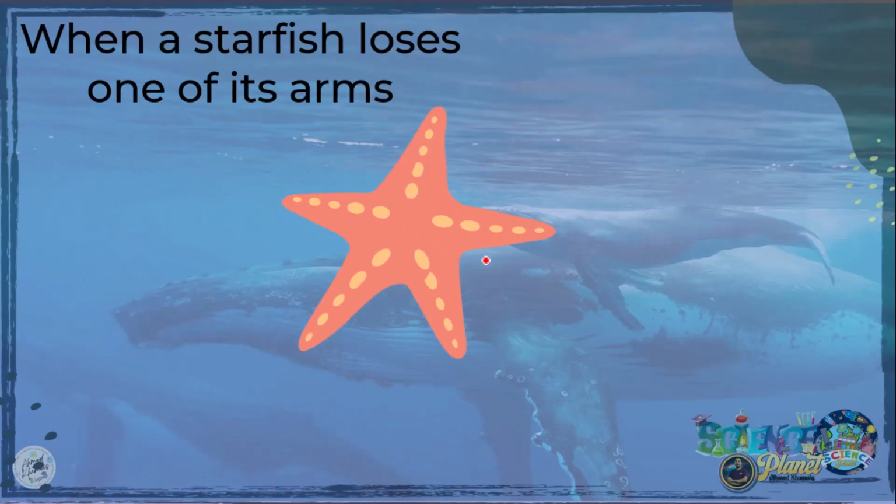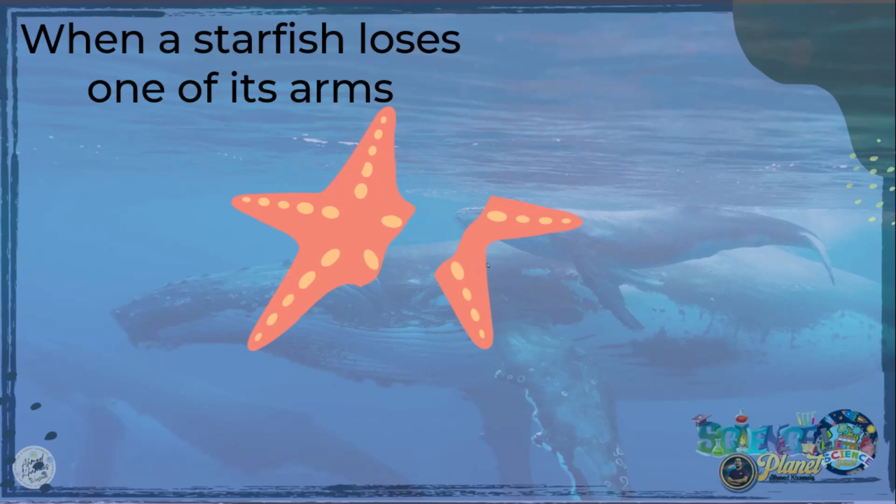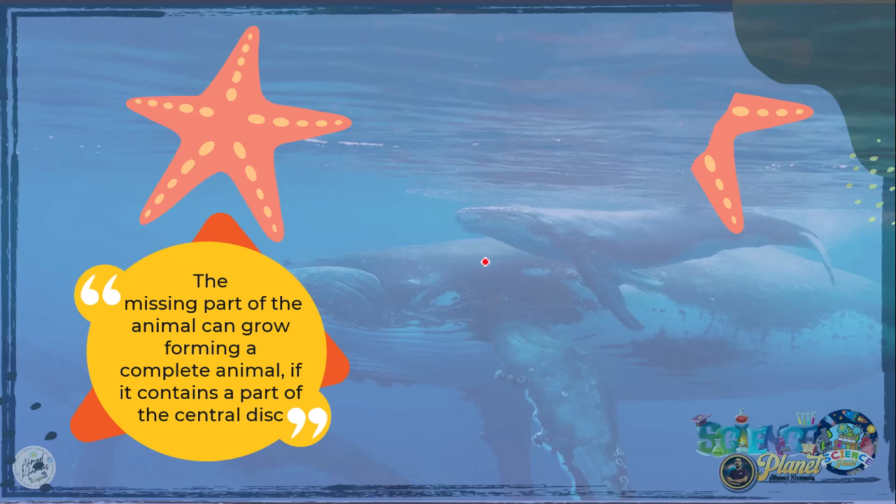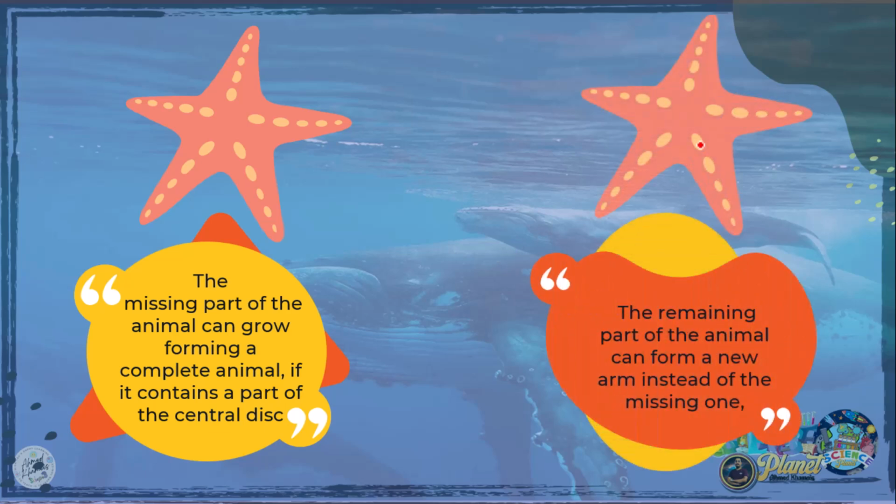So when a starfish loses one of its arms, the remaining part grows and reproduces by mitotic division to form a complete organism, and the amputated part also grows by mitotic division, forming a complete organism. And here is a video showing a planaria worm as it regenerates.